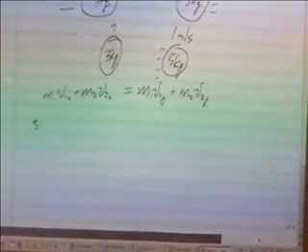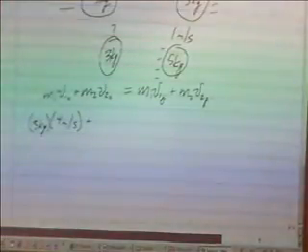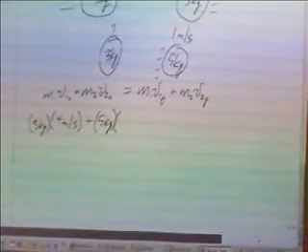Let's see. M1 V1 initial plus M2 V2 initial equals M1 V1 final plus M2 V2 final. M1 is 3 kilograms. V1 initial is positive 4 meters per second, because we're just keeping right as positive. M2 is 5, and V2 initial is -1.